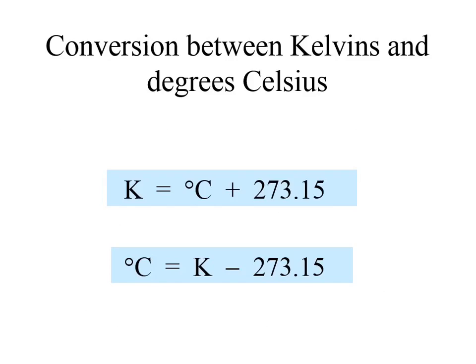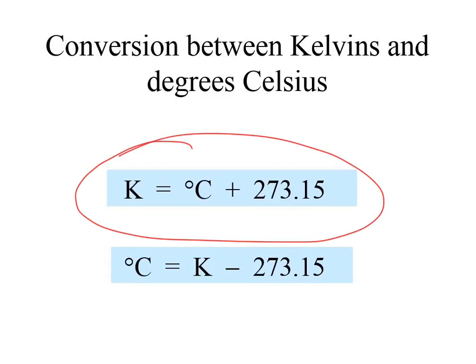Okay. So if you're looking for things to put on your sheet, I almost call it a cheat sheet, but you're not cheating when you bring it to your final, okay? When you're looking for things to put on your sheet, you might want to put, let's see, which one? Probably this one. If you are given the Celsius temperature, what you do is you add 273.15 units to get Kelvin.